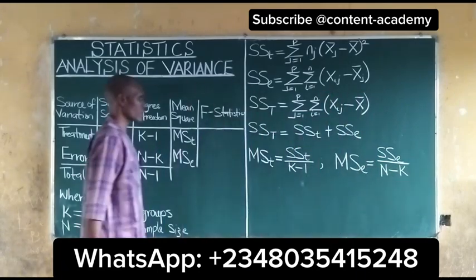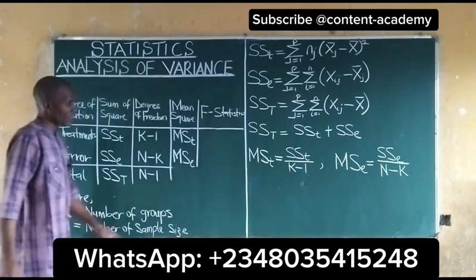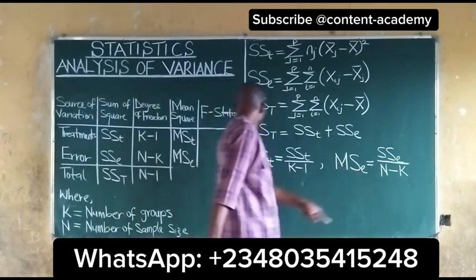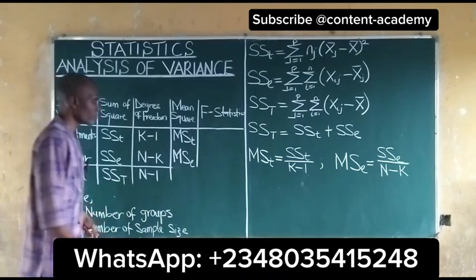That is how to get it. Remember, k is the number of groups and n is the sample size.